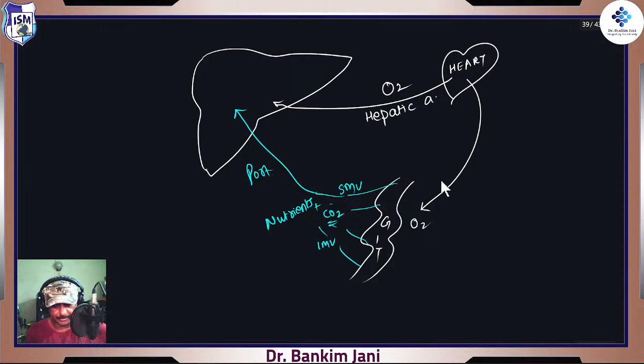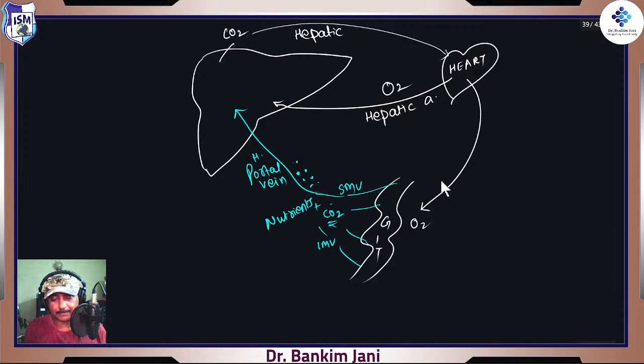So this portal vein is taking carbon dioxide and the nutrients into the liver. Now the liver starts functioning, because the liver is like our chemical factory. Once the liver processes everything, it would say, okay, my function is complete. Then it will drain various things into various channels. But finally, what about the CO2 produced by the liver? It will say, okay, hepatic vein, put it back into the heart. So that's where the hepatic vein will come into the picture.